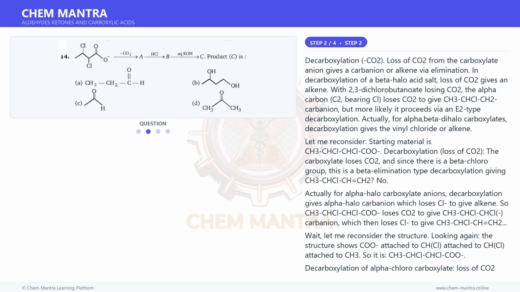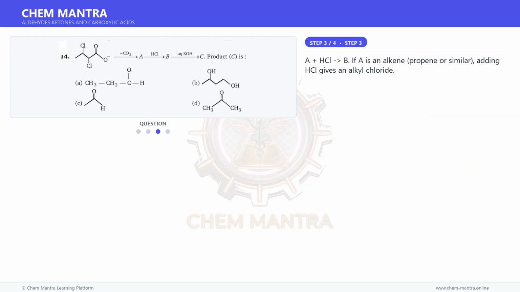Simpler interpretation, the carboxylate is from the 2,3-dichloro acid. Loss of CH2 from the carboxylate, beta-keto acid analogy, here with alpha-beta-dichloro, A is CH3CHCl-CHCl, 1,2-dichloropropane, by protonation, or an alkene. Moving on to the next step.